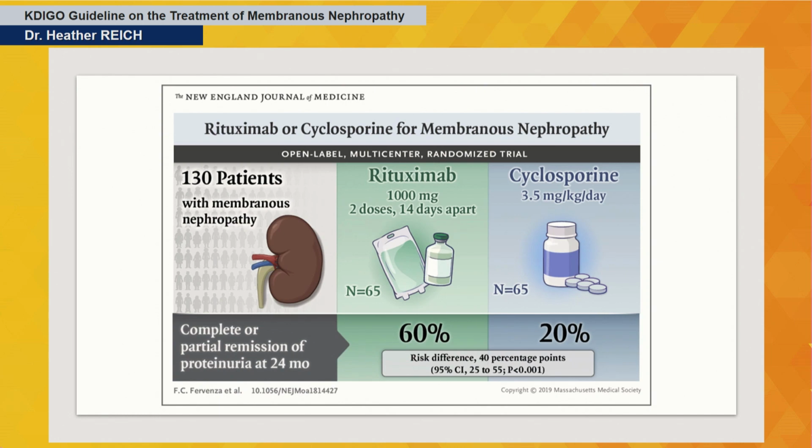In this study, the primary endpoint was complete or partial remission of proteinuria at 24 months. And patients were shown to have a far higher rate of remission at 24 months in patients who received rituximab compared to patients who received a 12-month course of cyclosporin.